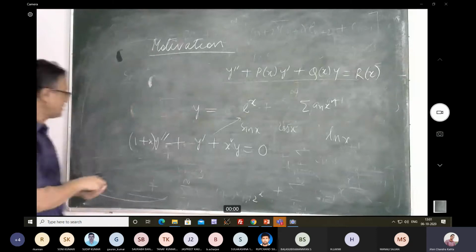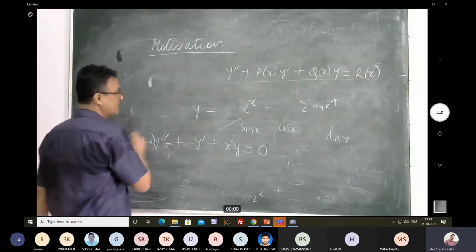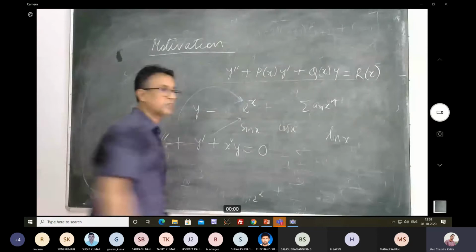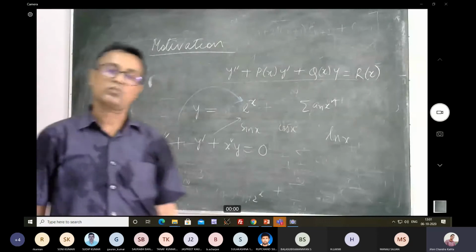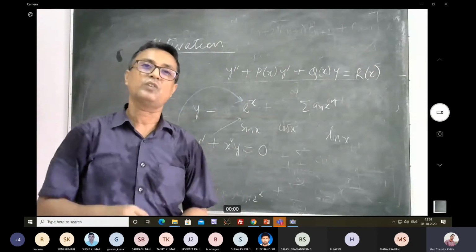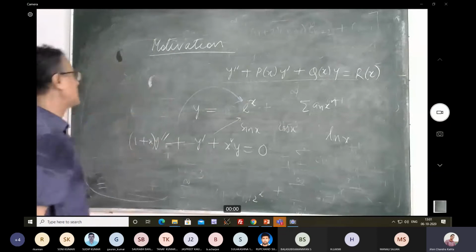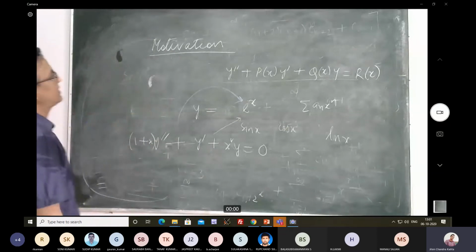In those cases, you will see that the elementary function approach is not going to work.